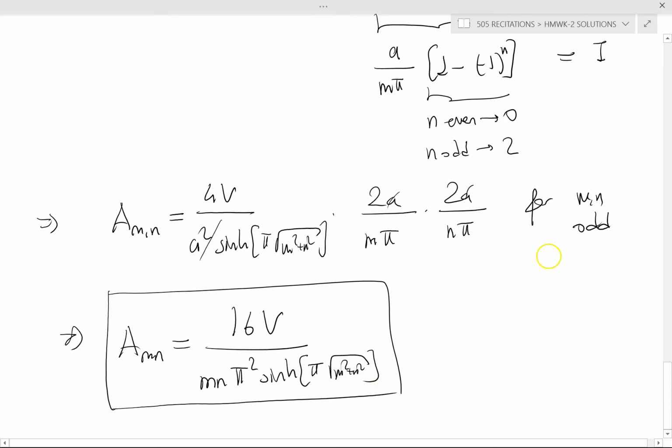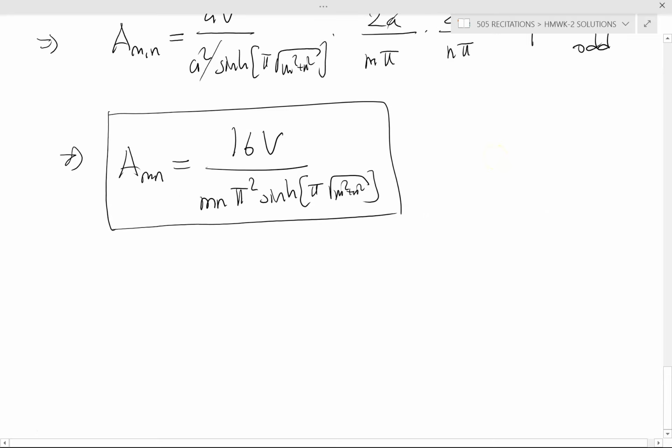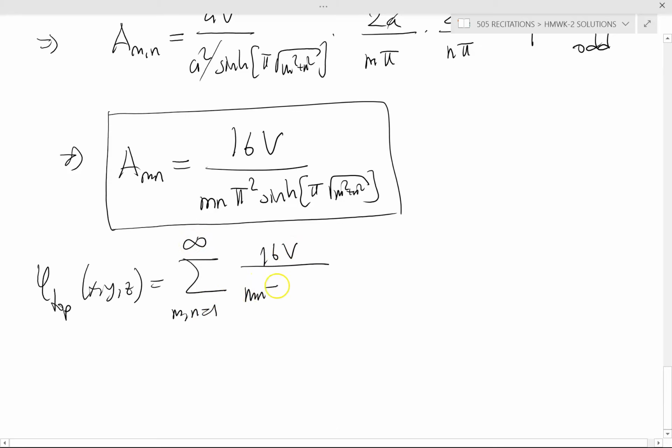Now for given m and n integers we can have our component. So in summation overall, psi top is equal to the sum over components of m and n from 1 to infinity of a_mn, 16V over mn pi squared sinh pi root of m squared plus n squared.